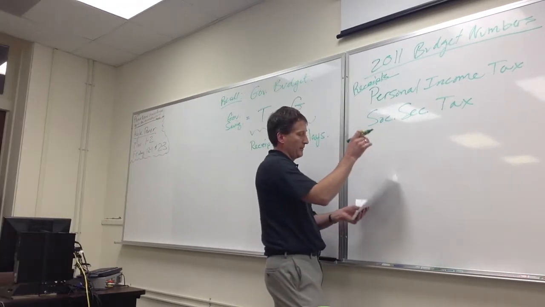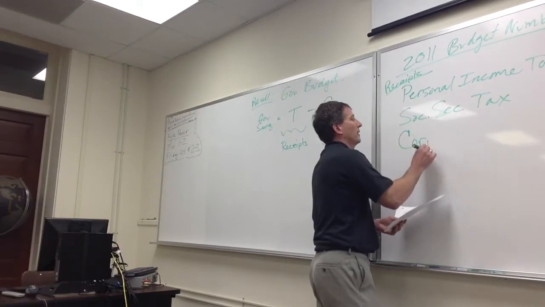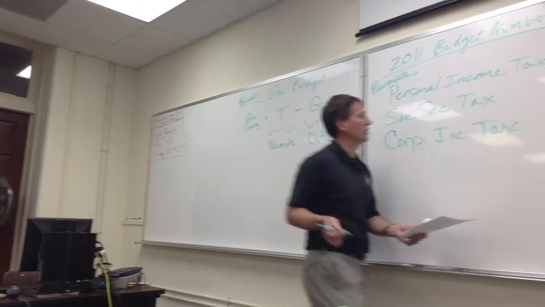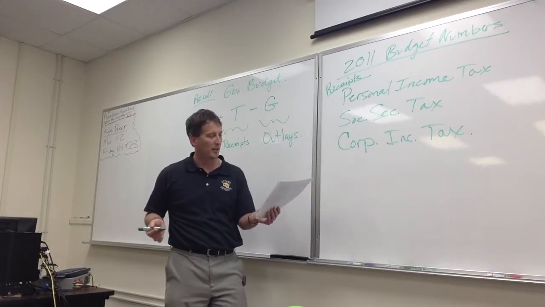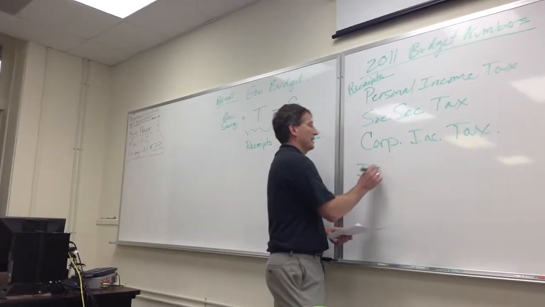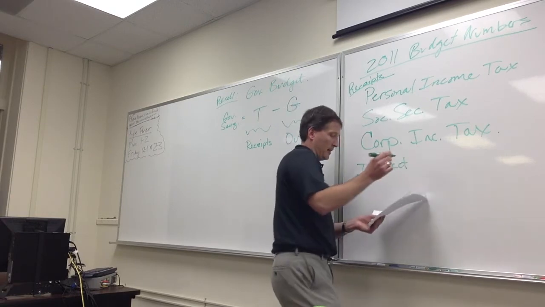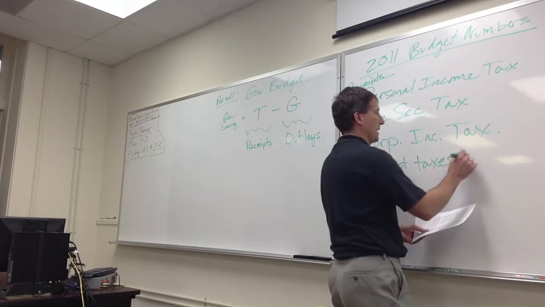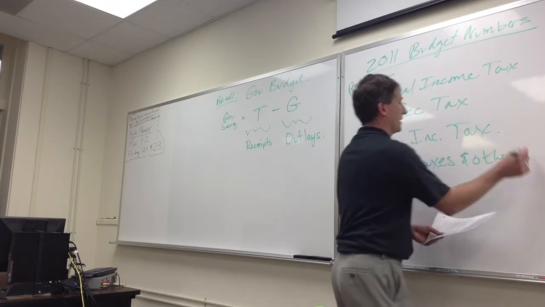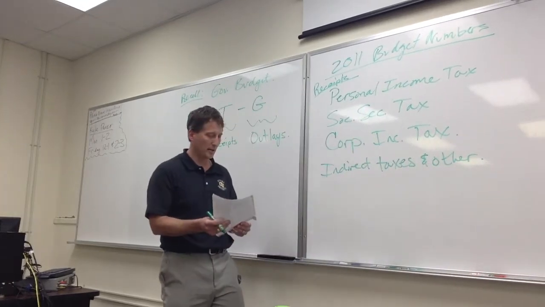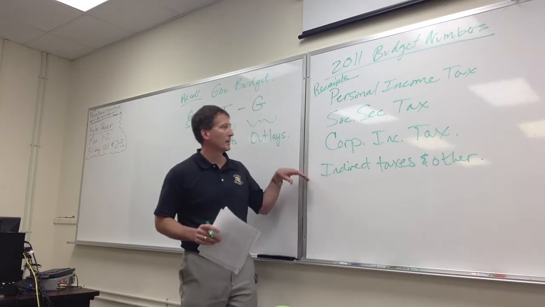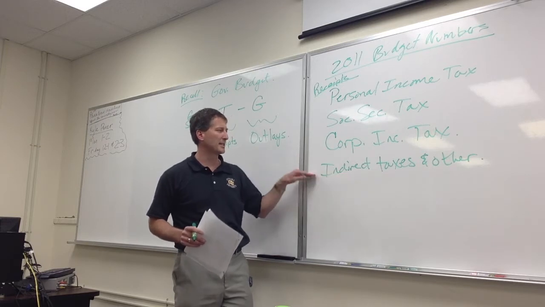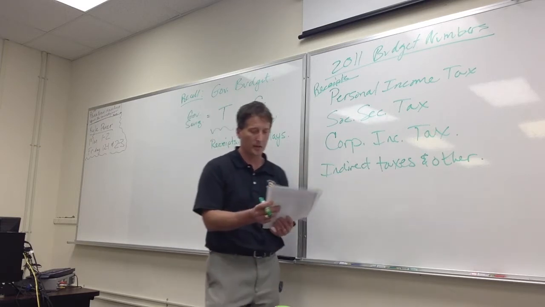Social Security tax, corporate income tax, those big, evil, huge corporations, and lastly, some indirect taxes. These are sometimes special taxes, and let's just put an other category. It's a fairly small category. Sometimes luxury goods, sometimes intermediate goods. So there are some indirect business taxes usually in this category.